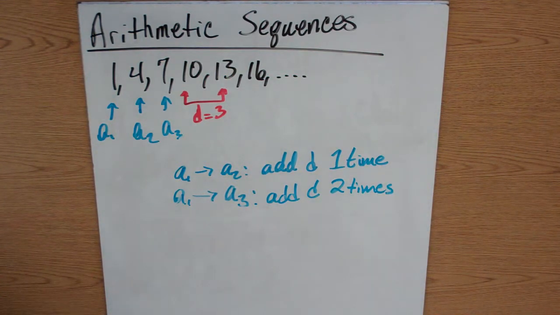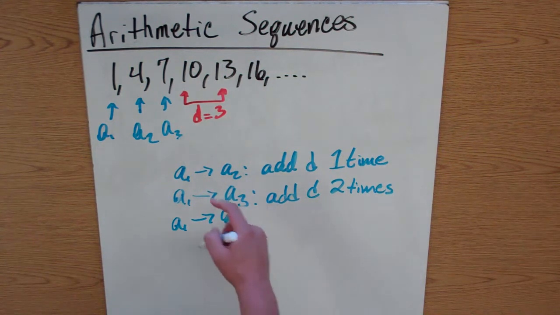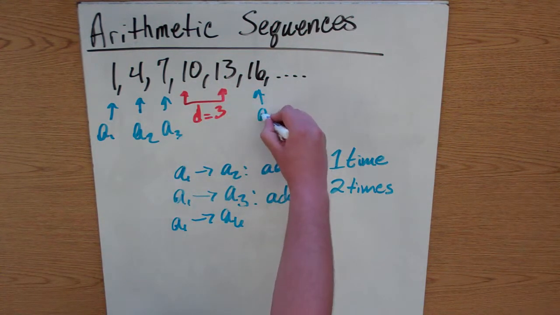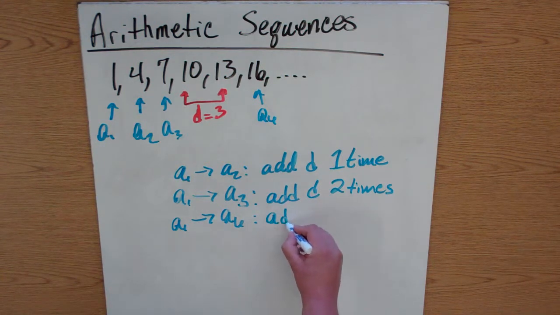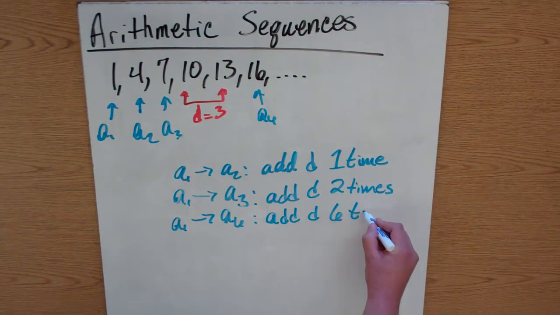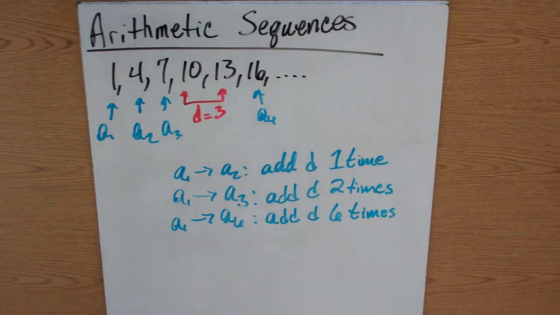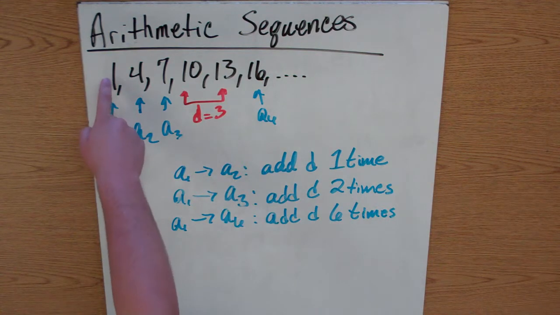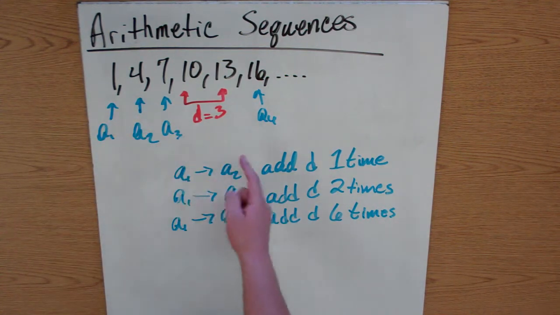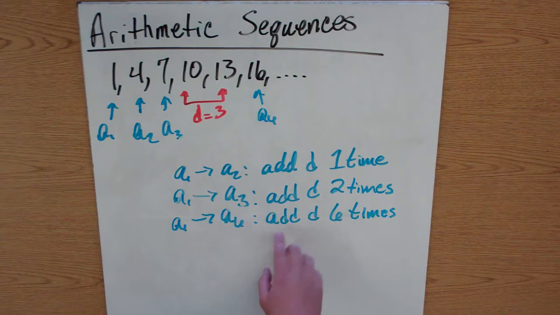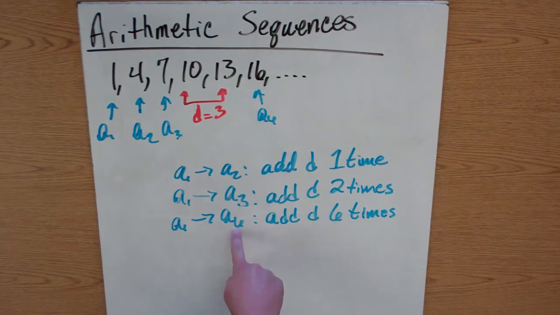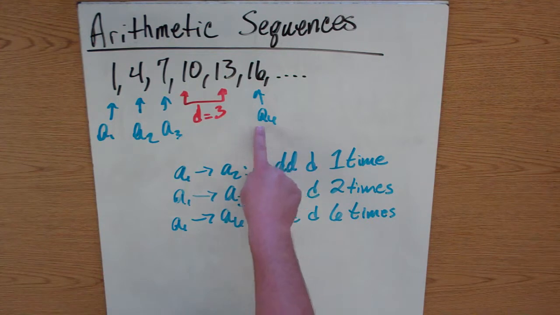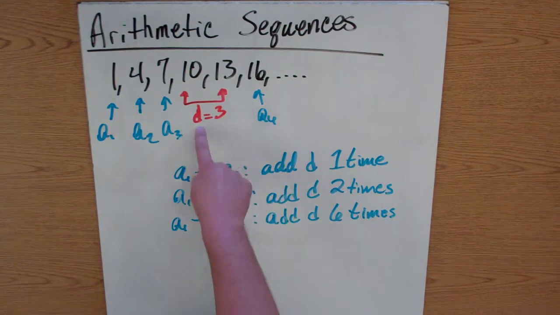And to get from A1 to A6, we had to add it 5 times. We're always starting with the first number, and we're adding 1 less than the term number, like this is a sub 6, so we're adding 5 times D.